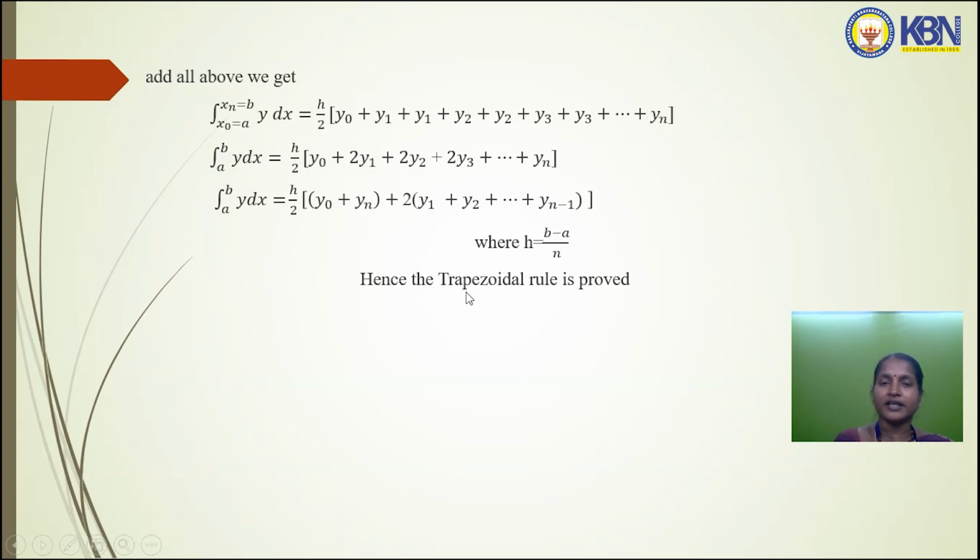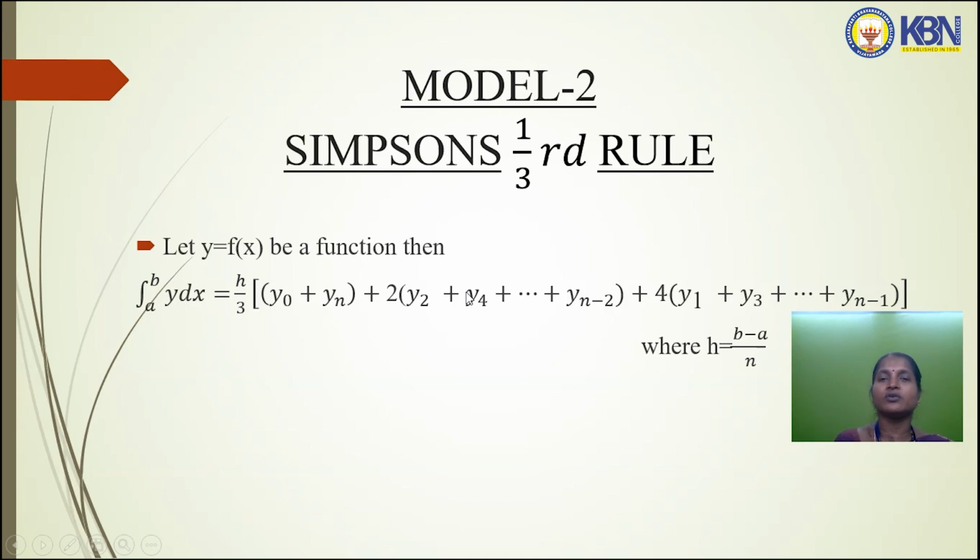Okay, next we go to model 2, that means Simpson's 1/3 rule.